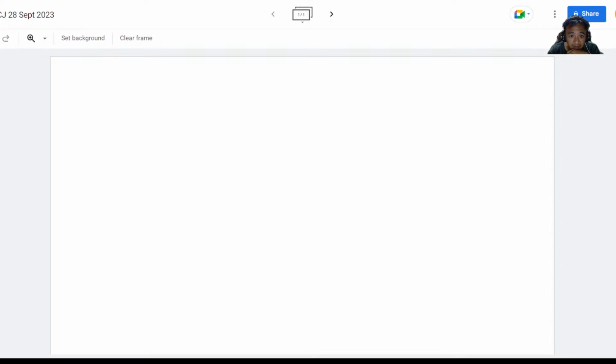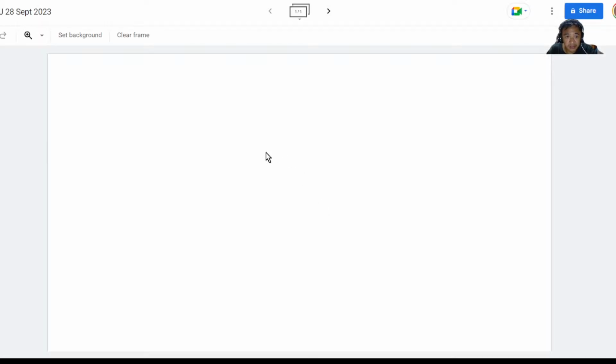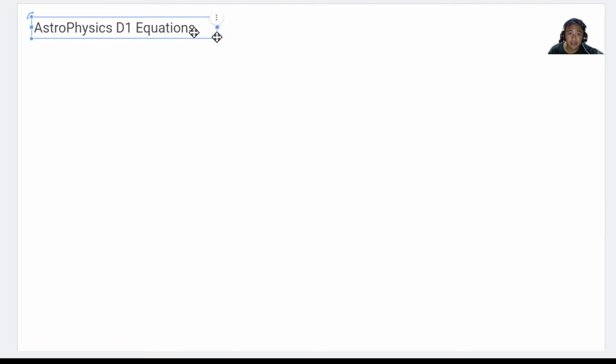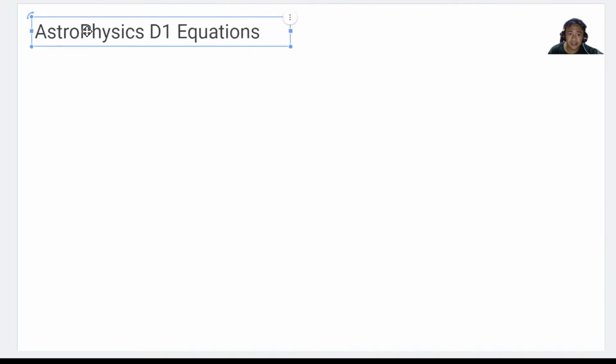Okay, so the equations we have, according to my notes and the books I'm looking at, astrophysics D1. Okay, equations. First of all, we kind of started it last time we met.